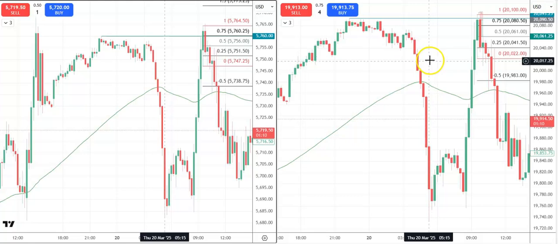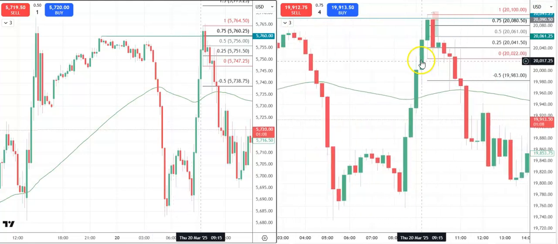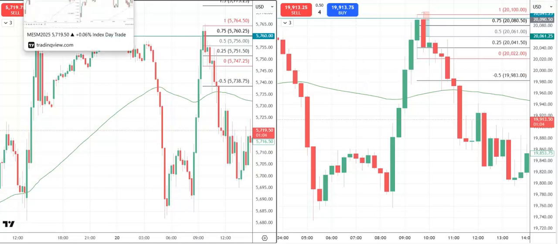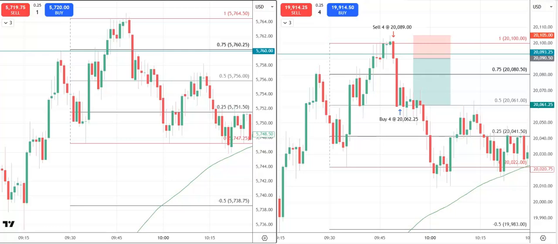You always want to start your framework on a higher time frame. Otherwise, you're going to get chopped up on the 1 minute. So once you see that high get taken and close below, like you did here, we take this previous 15-minute candle high and then we slam down right here.